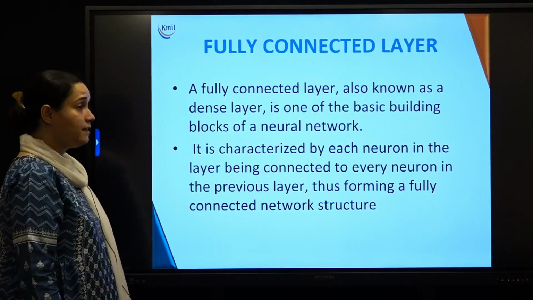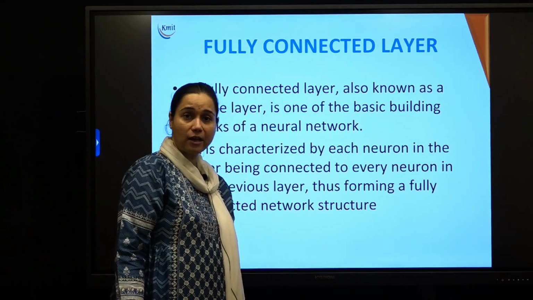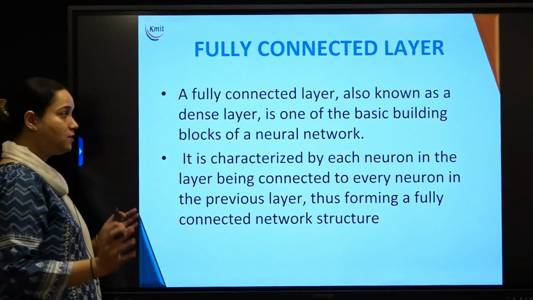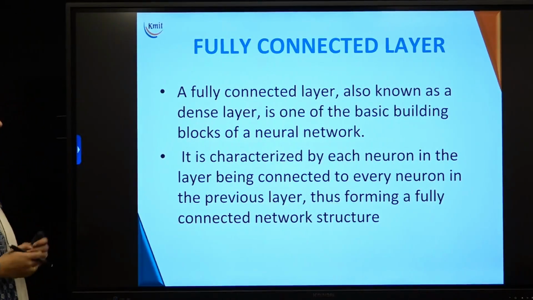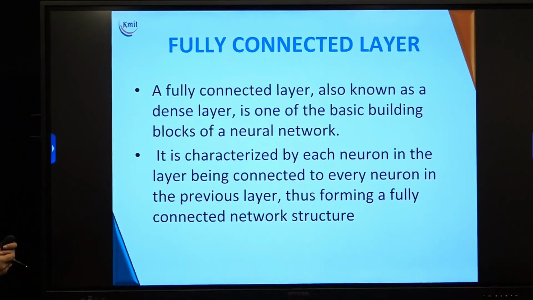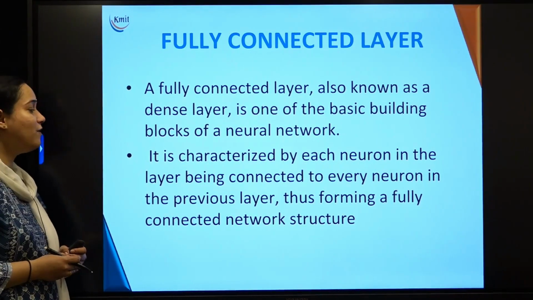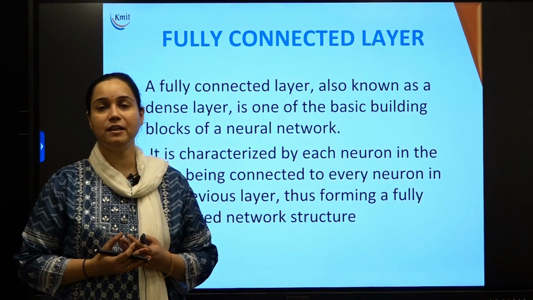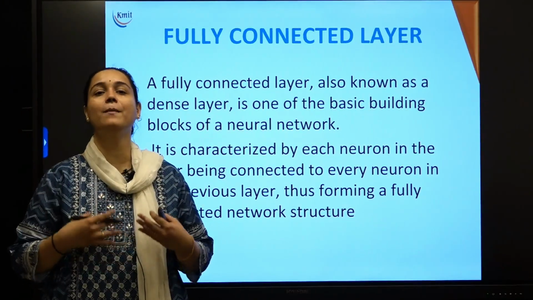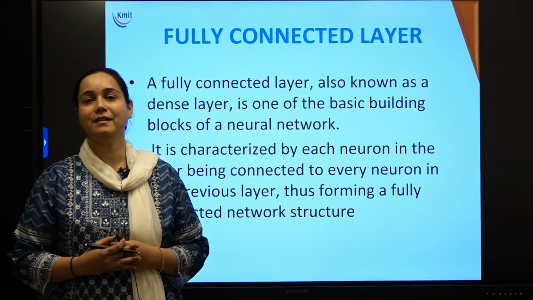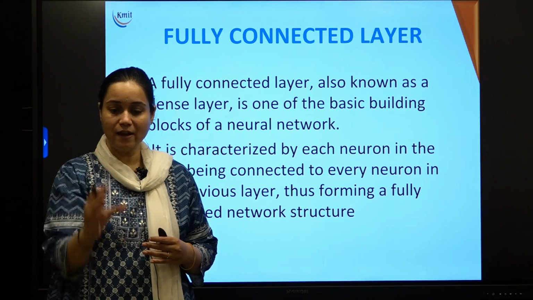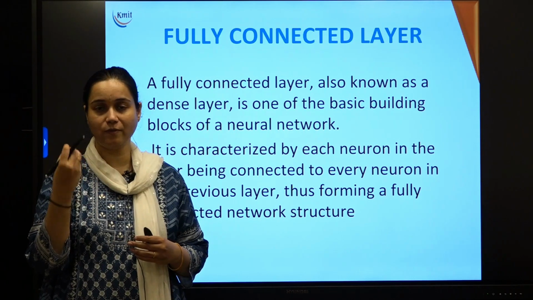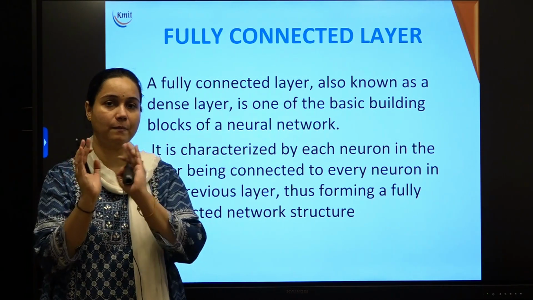Alright, so dense layer or a fully connected layer is actually the basic building block of a neural network. It is characterized by each neuron in the layer being connected to every neuron in the previous layer, thus forming a fully connected network structure. So I can say that fully connected network has actually evolved from a multi-layer perceptron, and inside that, in a layer, whatever number of neurons are present, whatever number of perceptrons, when I am talking neuron, it means a single perceptron.